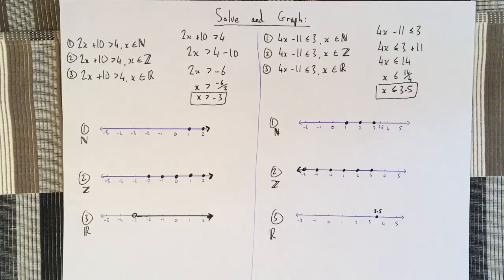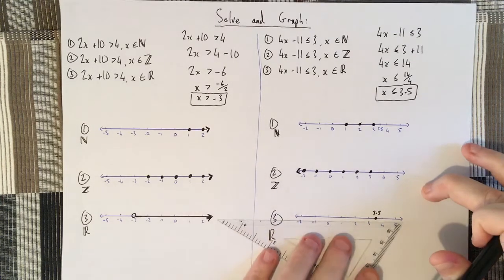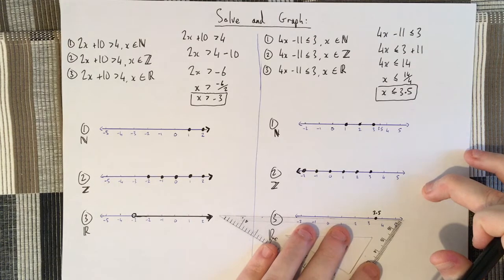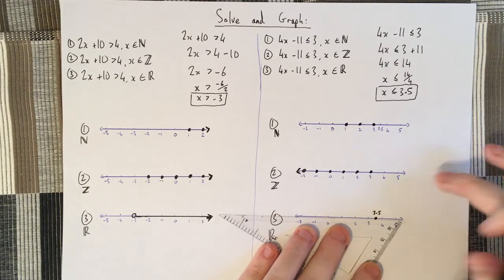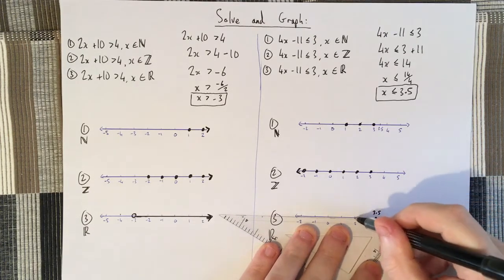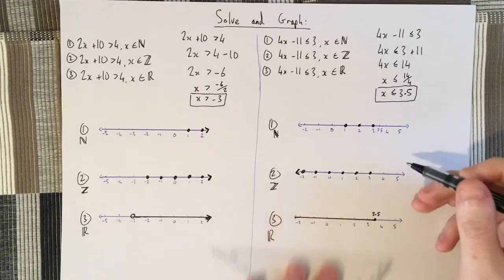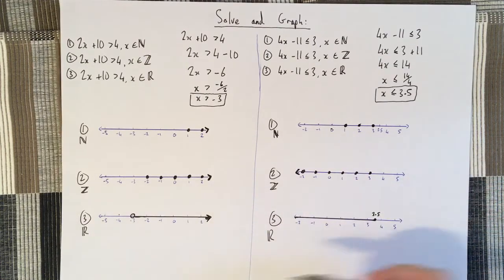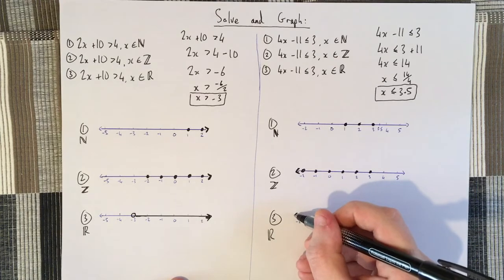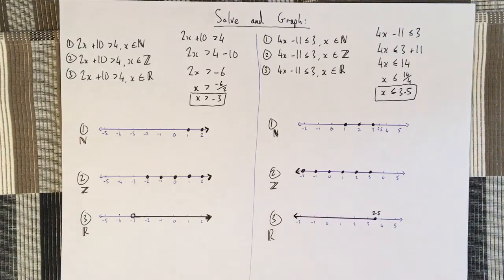Then all the real numbers which are less than or equal to that is everything to the left of that. So you're going to fill in the line to the left of that. And then again, it's going to continue down to -infinity. So I'm going to put the arrow in.